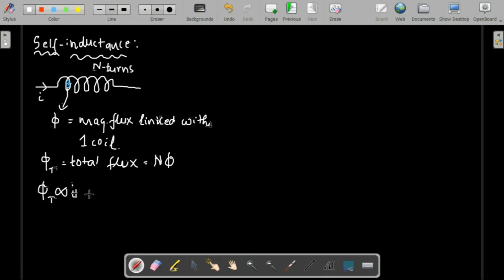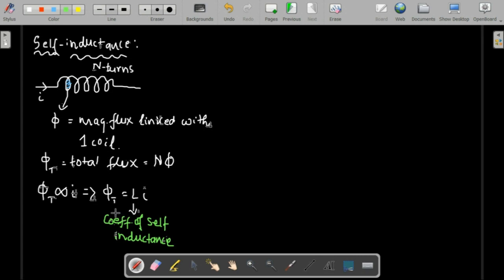So phi t is directly proportional to the current, or we can say phi t is equal to, we have to introduce a constant. That constant conventionally is written as L, and this L is actually called coefficient of self inductance.